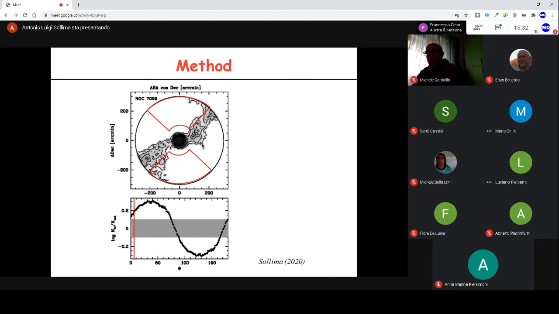Then the next step is to define a criterion to claim a tidal tail. So I adopted two different criteria, which must both be satisfied, which are linked to the definition of tidal tails. You can define tidal tails as an extratidal overdensity of stars above the background emerging from both sides of the cluster.